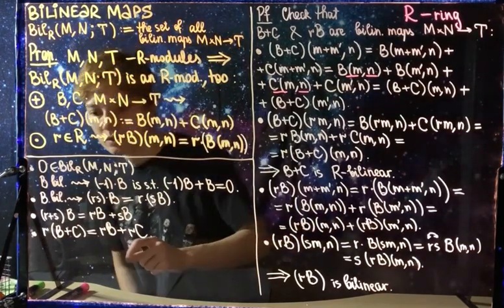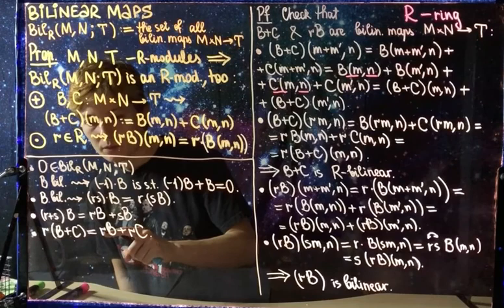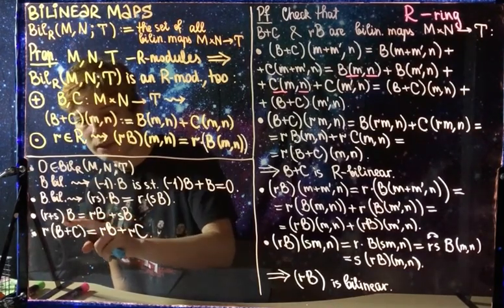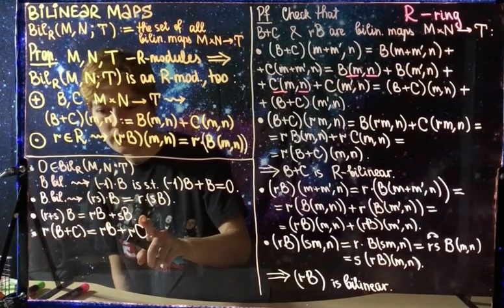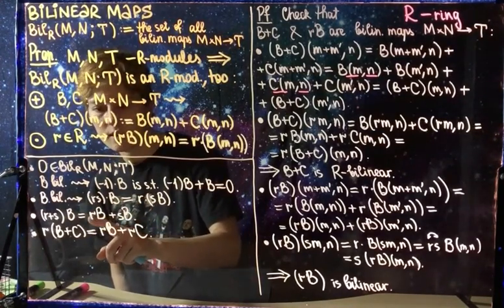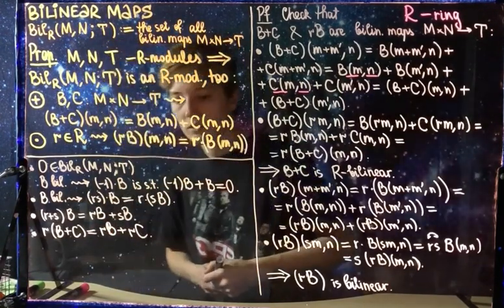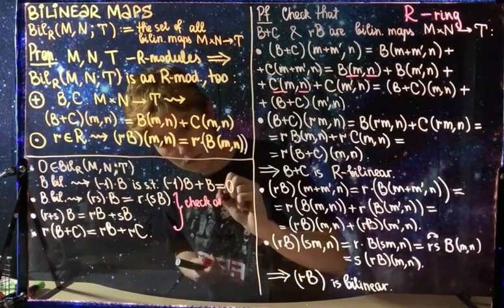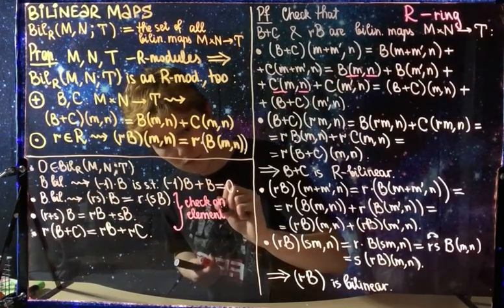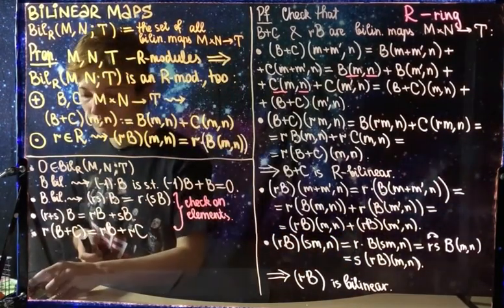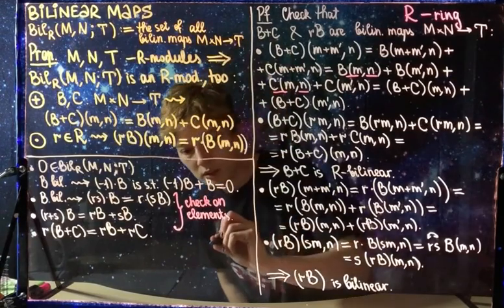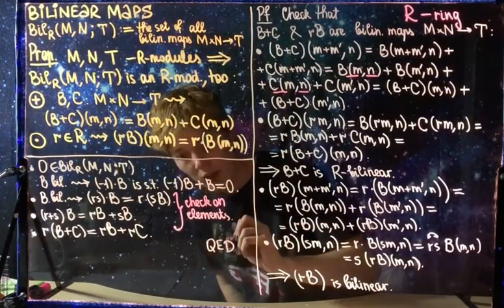We need to plug in elements m comma n into both of these, into the left hand side and into the right hand side, and check that what we get on both sides is the same element of T. And if you do that, it will conclude the proof.